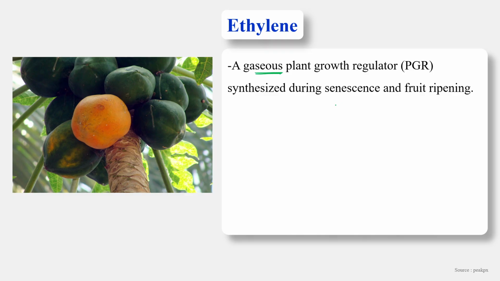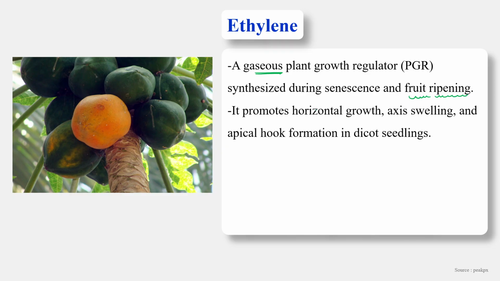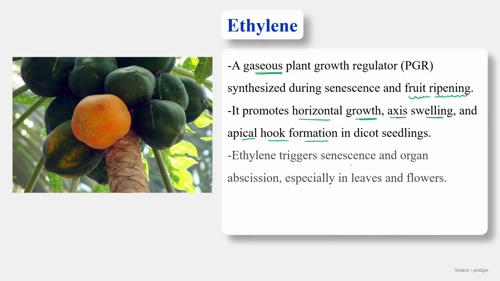Ethylene. Ethylene is a gaseous hormone. We have discussed it, right? And it is mainly involved in fruit ripening. It promotes horizontal growth of the fruit, axis swelling, and apical hook formation in dicot seedlings.